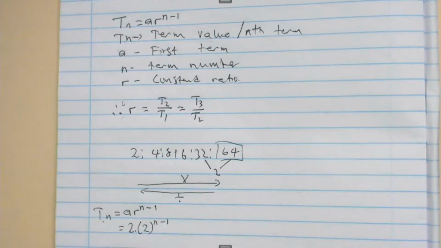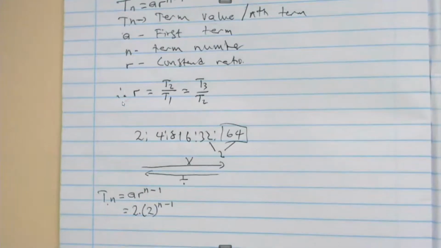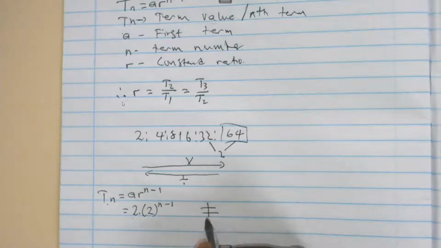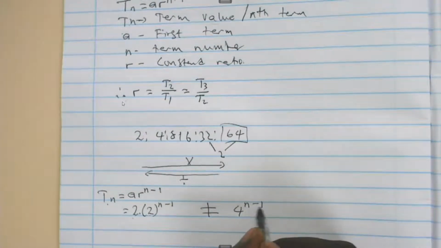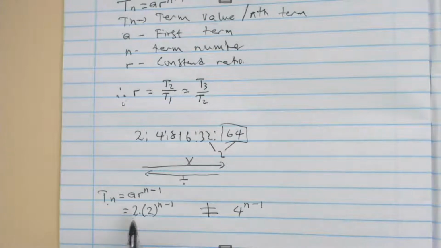A common mistake that we grade 12s tend to make is to multiply these two terms. Remember, 2 multiplied by 2 to the power of n minus 1 is not equal to 4 to the power of n minus 1, because we tend to multiply 2 by 2 and then we have 4.